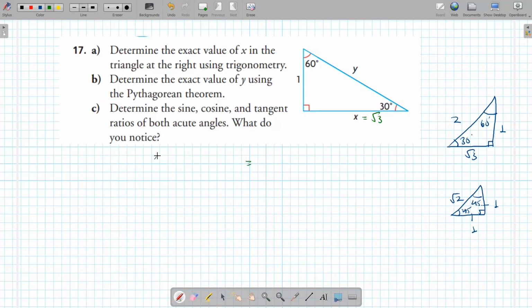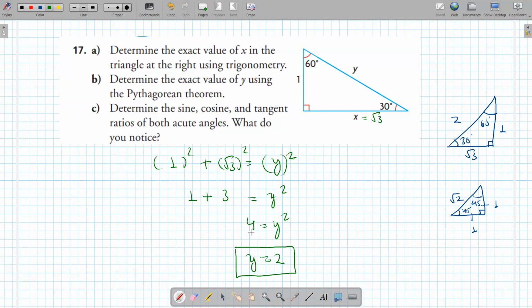It's going to look like this, right? a squared plus b squared equals c squared. So 1 plus, what's root 3 squared? 3. Equals y squared. So y squared is 4. So therefore y is 2.